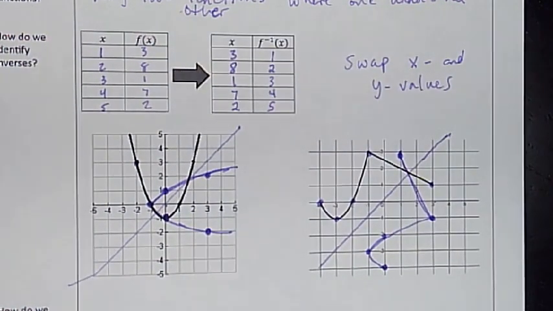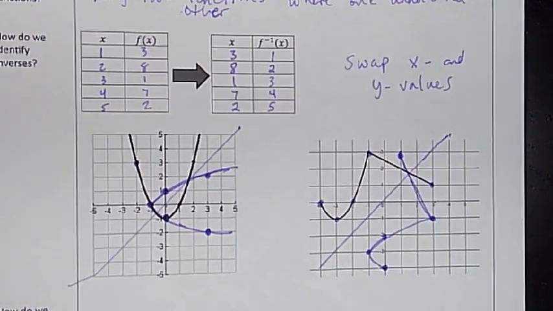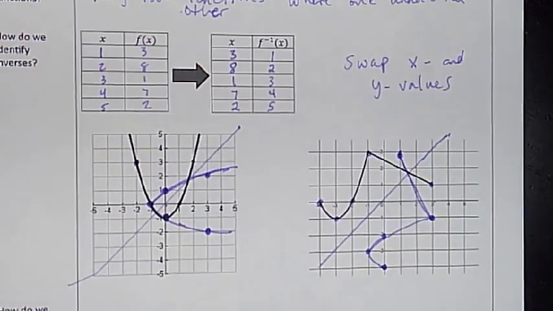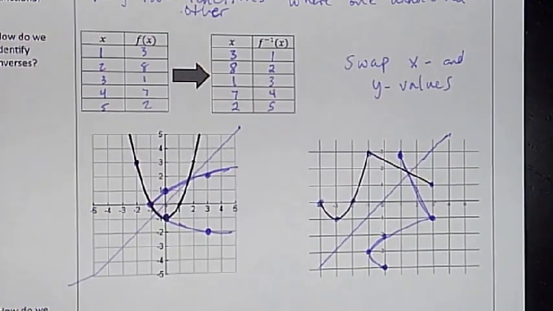So if we were given both a function and its inverse, or a graph that we believe to be its inverse, we could look at individual points, or we could look at it as a whole and try to determine: does it represent a reflection over the line y equals x?